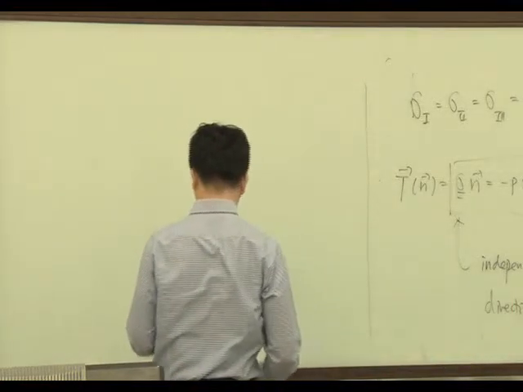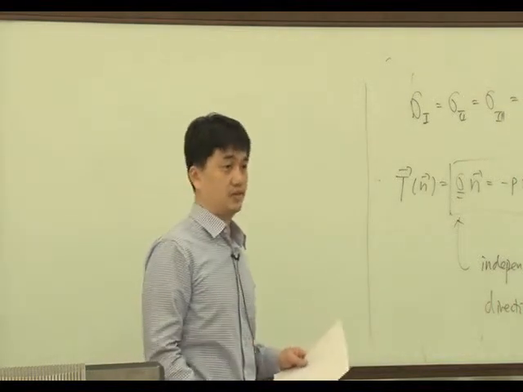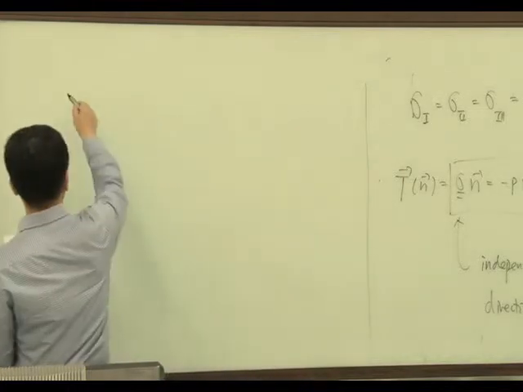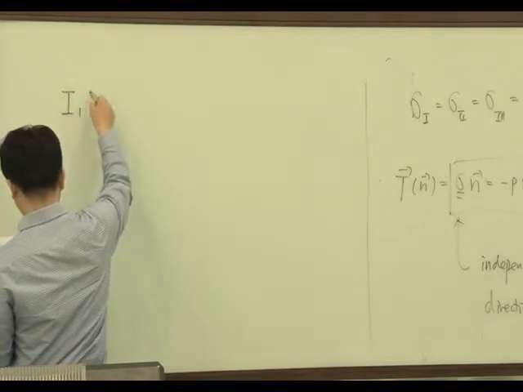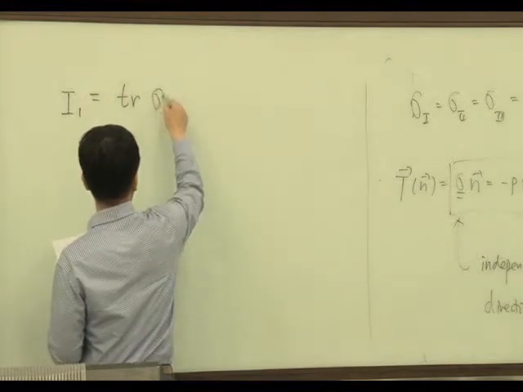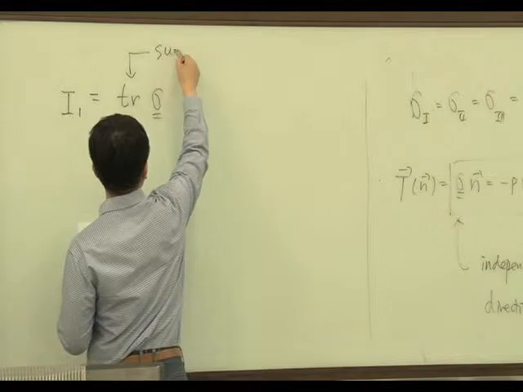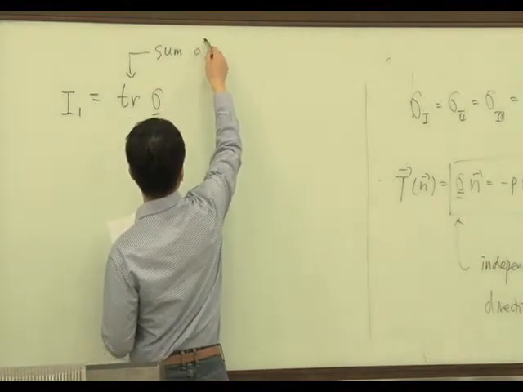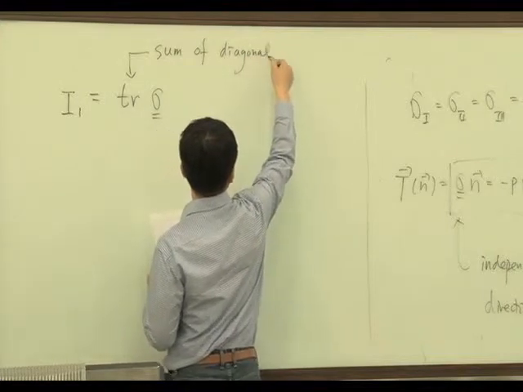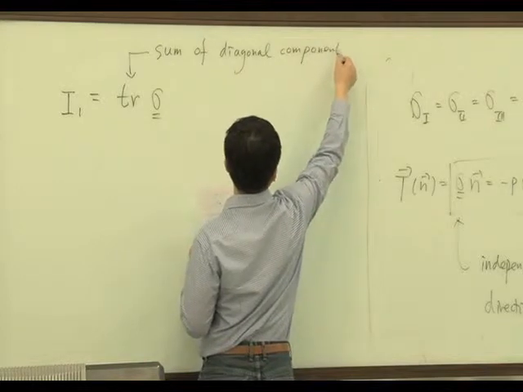Actually we have 3 stress invariants. That's one of them. We call it I1. The first one is I1, the trace of stress. Trace means only the sum of the diagonal components.